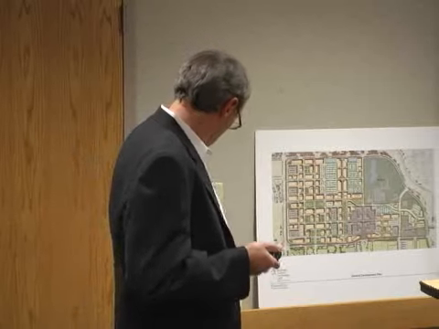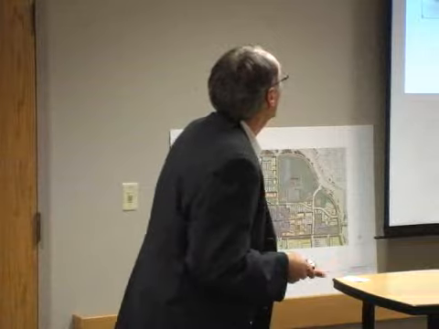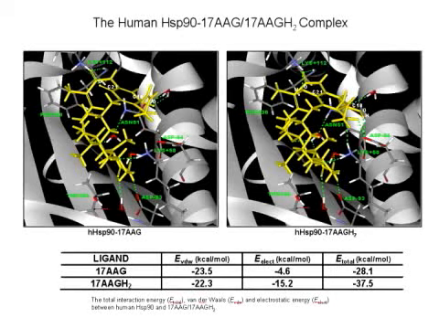What about molecular modeling? I don't know if this is going to show up too well, but the molecular modeling is done by downloading a crystal structure of the protein. This is done using Silicon Graphics, molecular mechanics modeling. And the protein is shown in gray here.